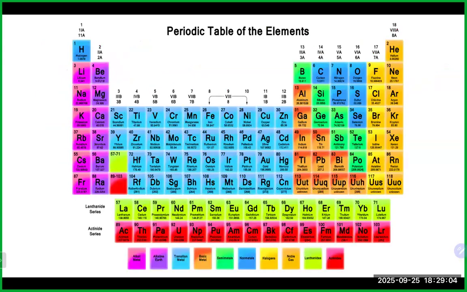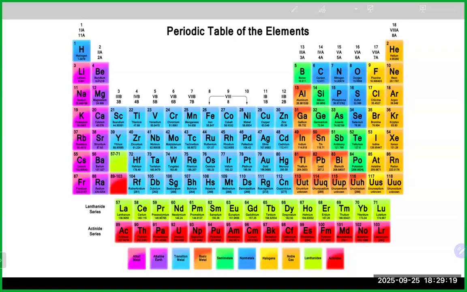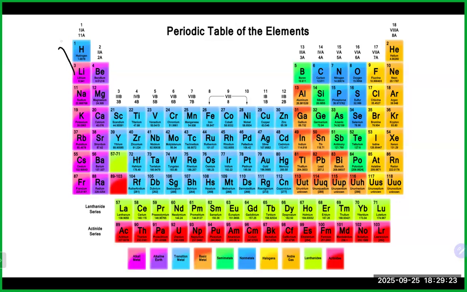That is the periodic table. And again, a reminder that there's a lot of colors on that periodic table. There are certain elements that will make fixed charges, right? If it is in group number 1, it's going to be a +1. Group number 2 is going to make a +2 charge.